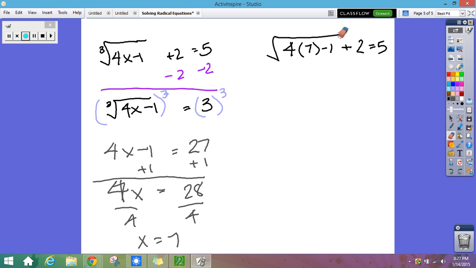Be very careful to make sure that this is separated. All right, so let's work it out. 4, this is the cube root of 28 minus 1 plus 2 equals 5.